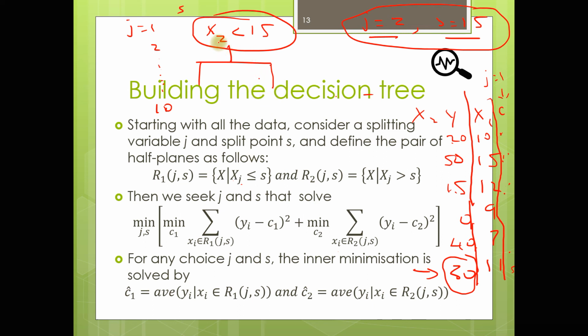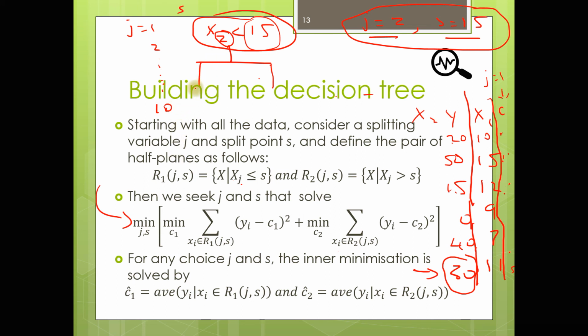So we will need to decide on j, which variable will come first, and which one will come as a split point. So this decision of a root node comes from this.